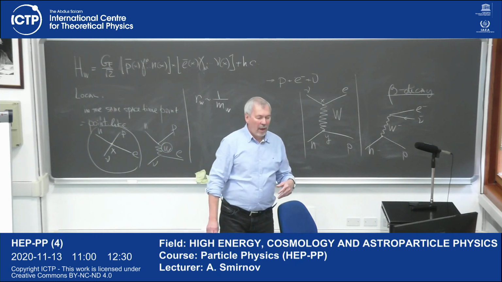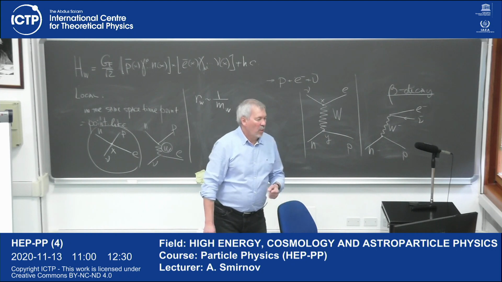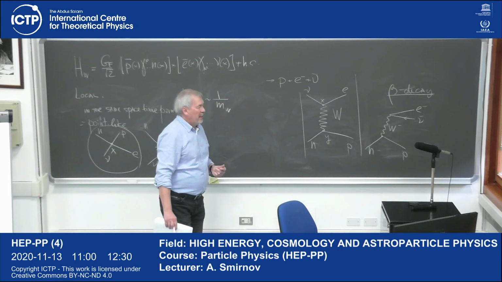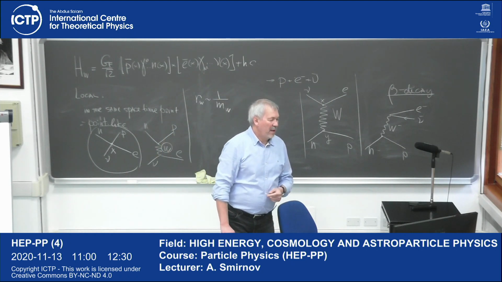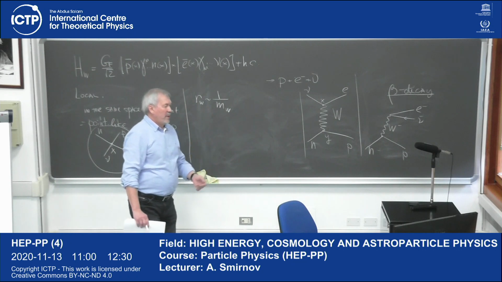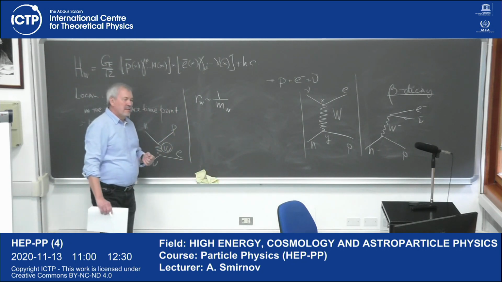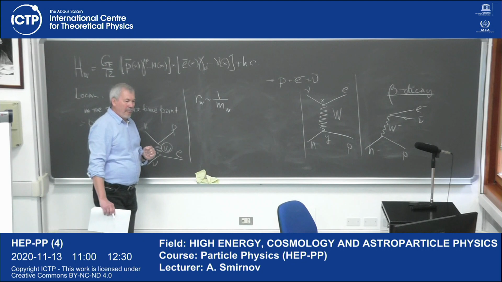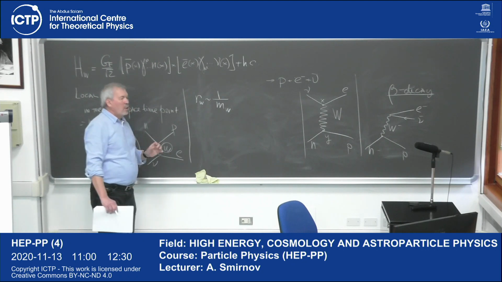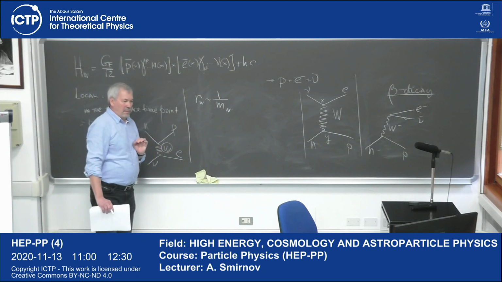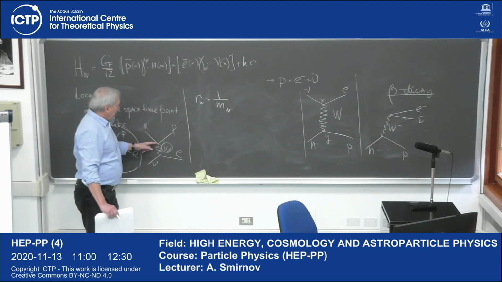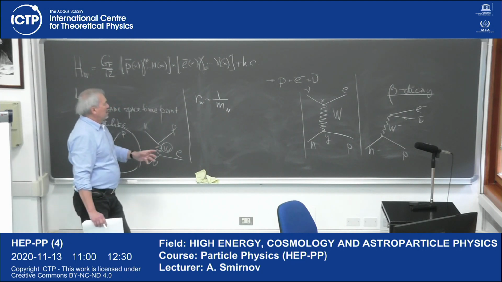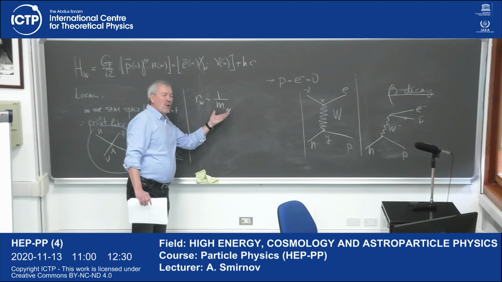In contrast to particles on mass shell, where energy equals the square root of p squared plus mass squared, you may have virtual particles which do not satisfy this dispersion relation. And so these particles may exist only for a finite period of time and distance. And this W boson, if it is massive, can propagate distances at most comparable with 1 over the mass.